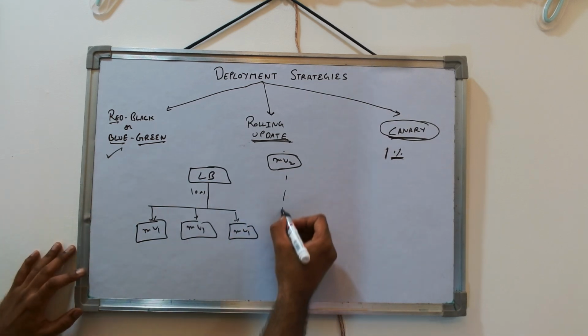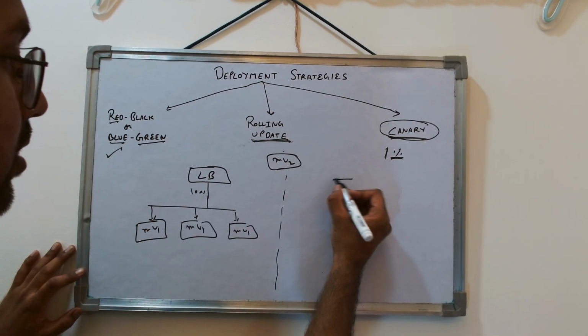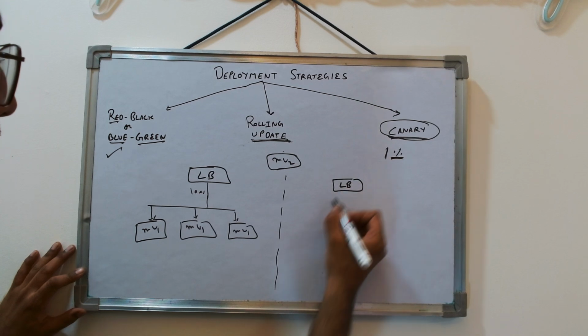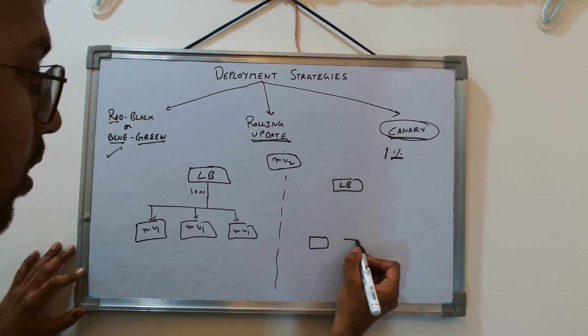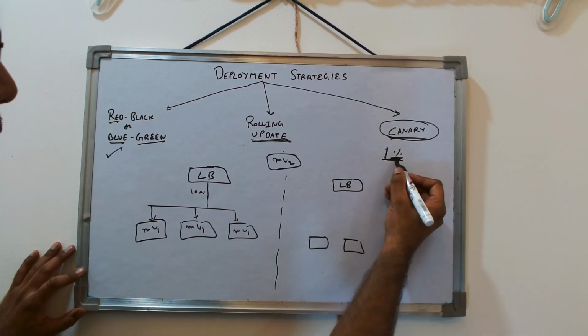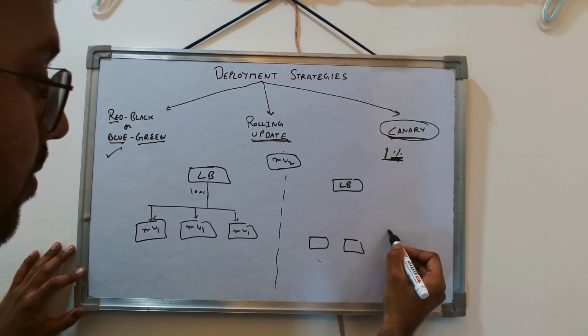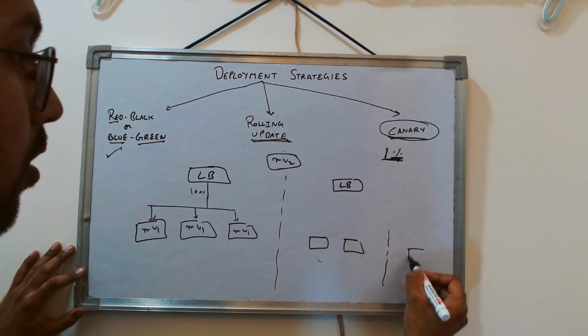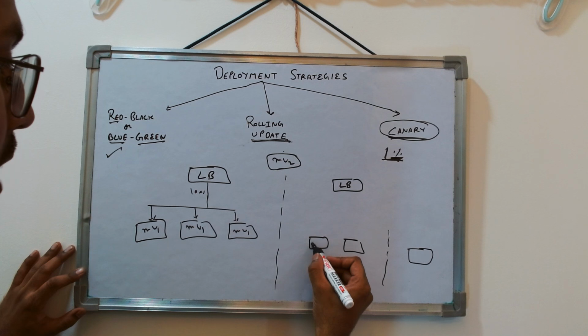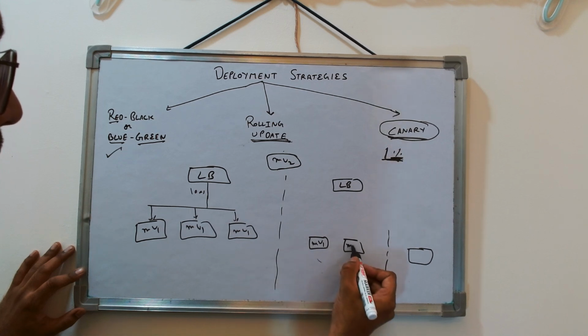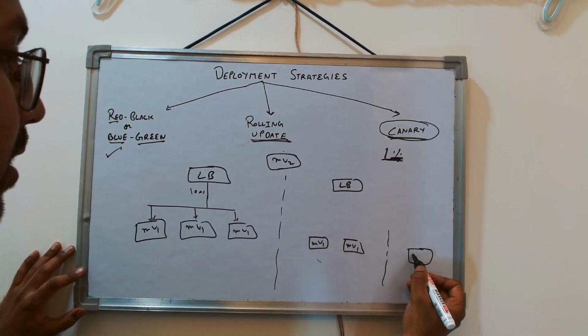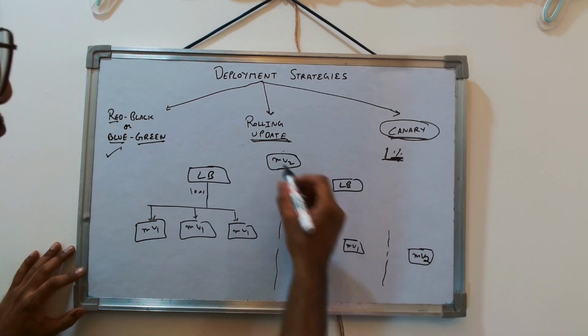So in this Canary deployment, what generally happens is, only 1% of your instances would be controlled. Here you have manifest version 1, and here we have manifest version 2.